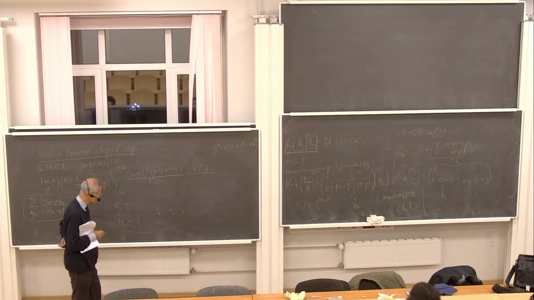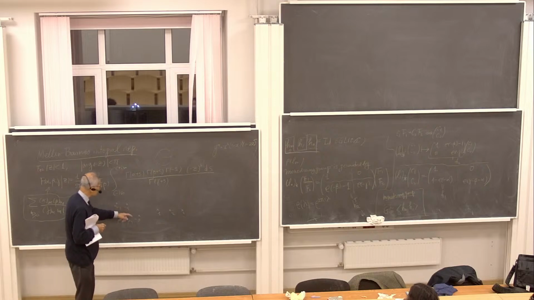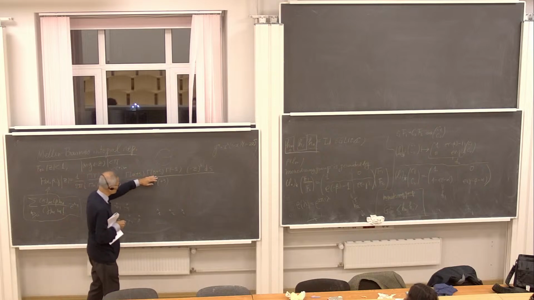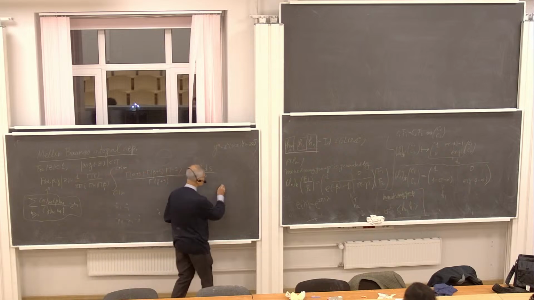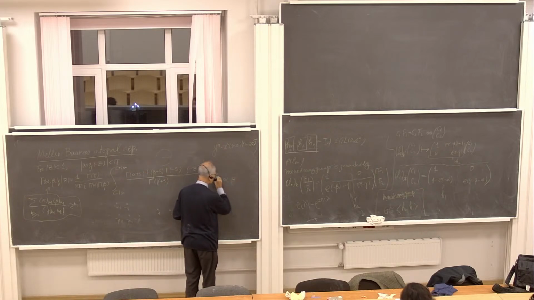Okay? So it will be reasonable. Alpha and beta were positive numbers, in any case with positive real part.